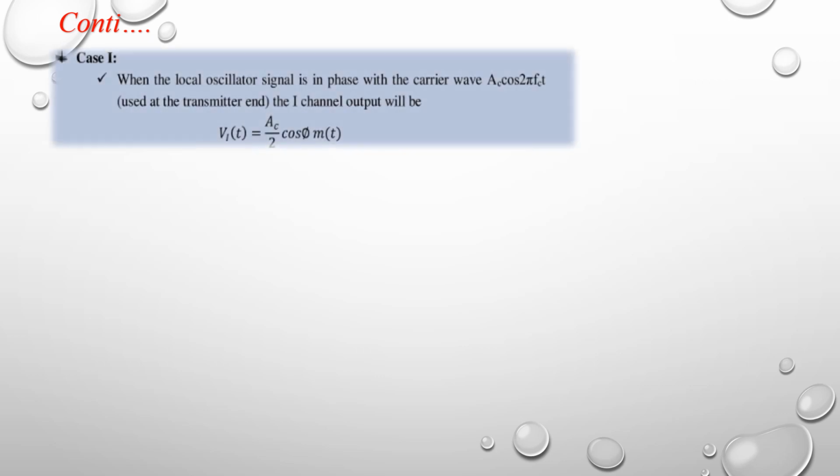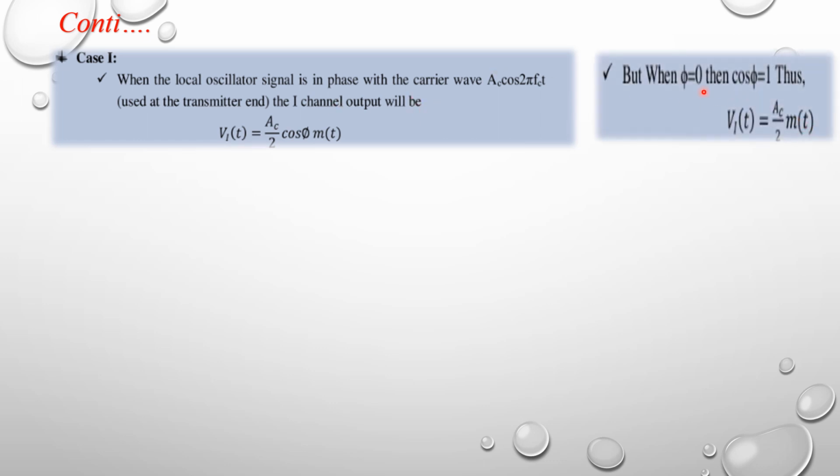When the local oscillator signal is in phase with the carrier wave Ac cos 2 pi Fc t used at the transmitter end, the I channel output, the in phase channel or upper channel output, Vi of t, is equal to Ac by 2 cos psi into M of t. I indicates the in phase channel.